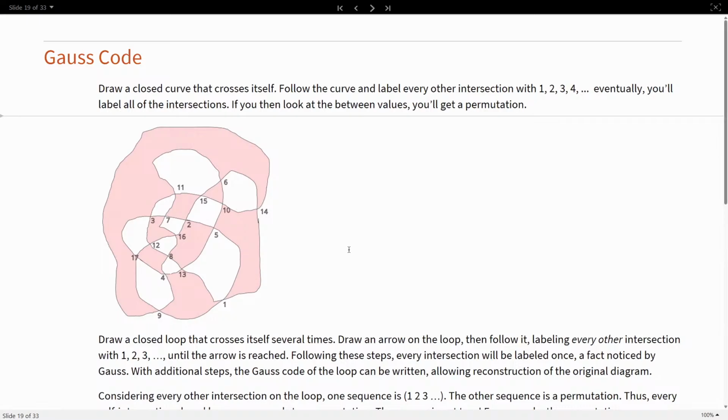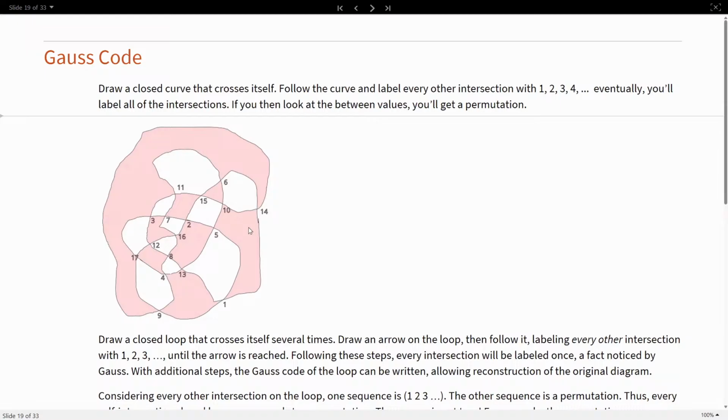So there's basically two parts of this. You get the regular set of intersections, which is the ones we numbered, 1 to 17. And then if you take the numbers in between, the number in between 1 and 2, the number in between 2 and 3, and so forth, you get a permutation of 1 to 17. And that's the Gauss code for the loop that you drew.